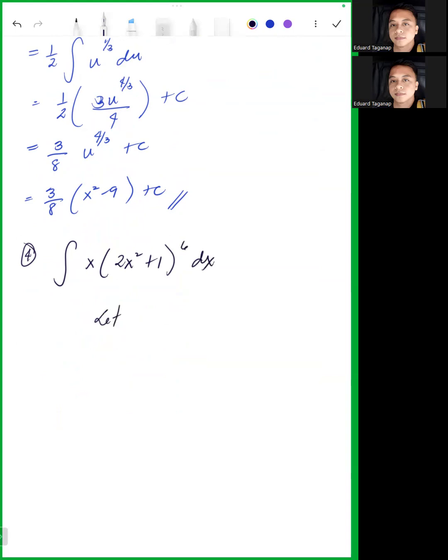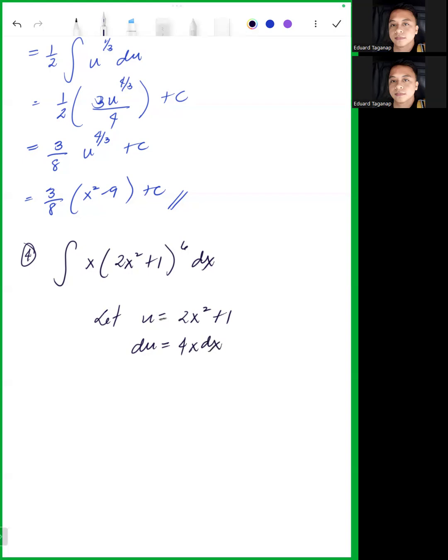Here, what we're going to let as a new variable is the one that is being raised to a particular power, and that is actually 2x squared plus 1. So we let that be u. Let's try. And we'll have 4x dx as du.